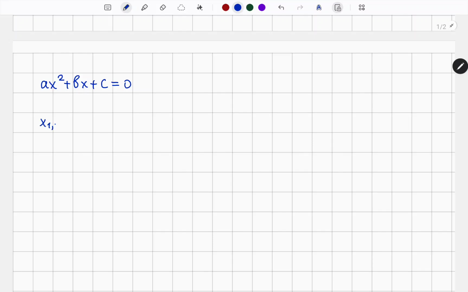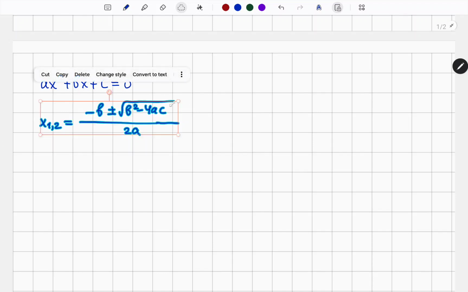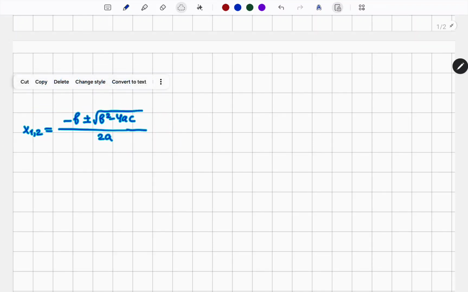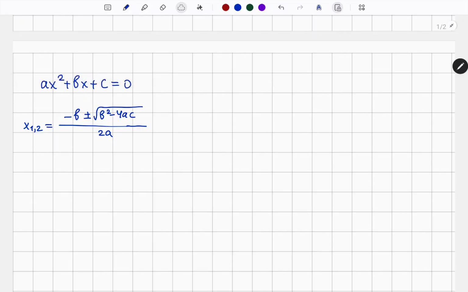The first and second roots are, it's a famous formula, minus b plus or minus root of b squared minus 4ac, which is called the discriminant, divided by 2a. This is the value that I expect at the end, because these values are the roots of the original quadratic equation.